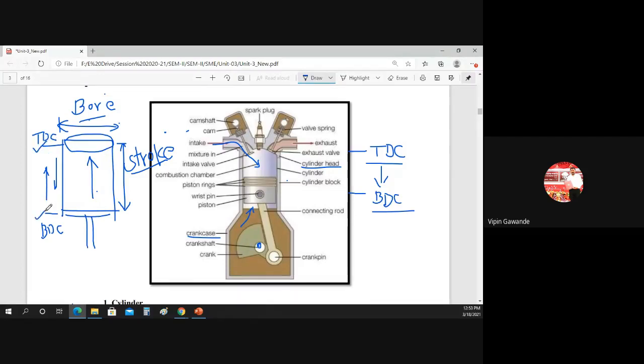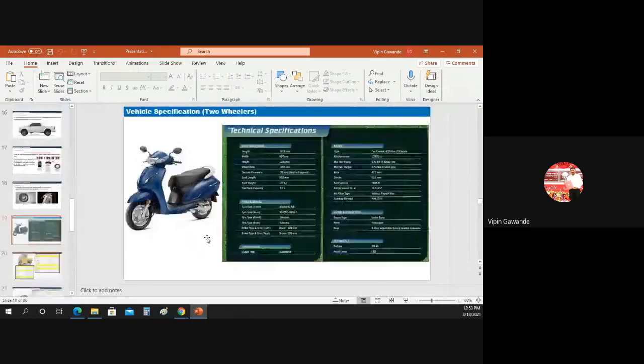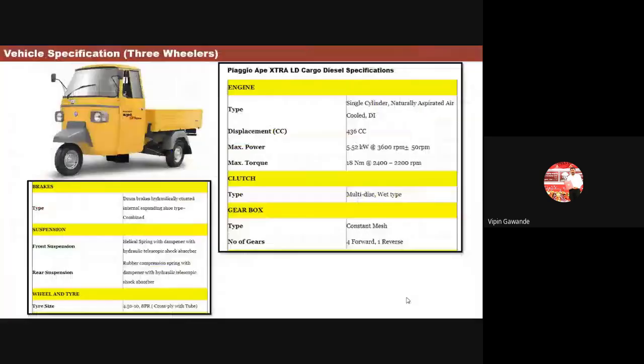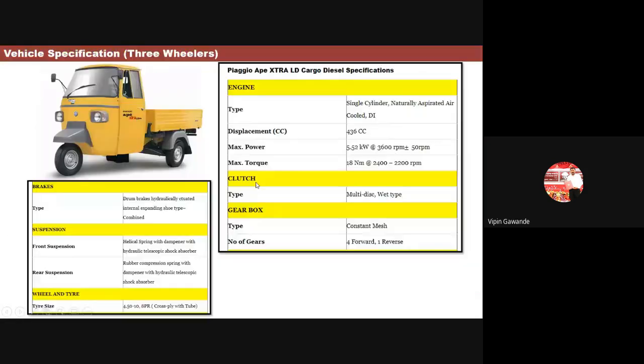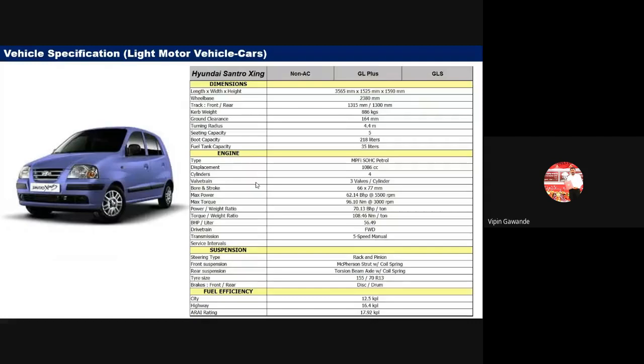I think in one of the specifications we have seen that, where they have mentioned the bore and these things. Let me check here.